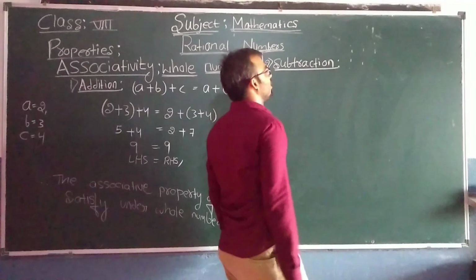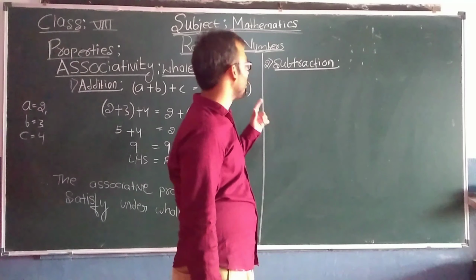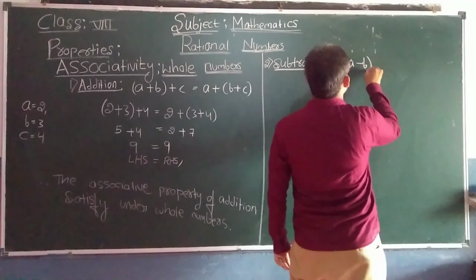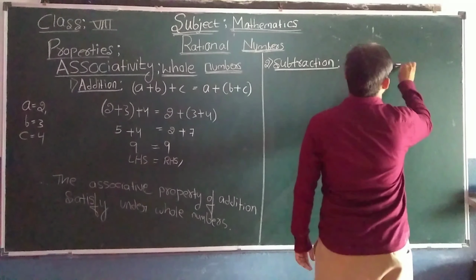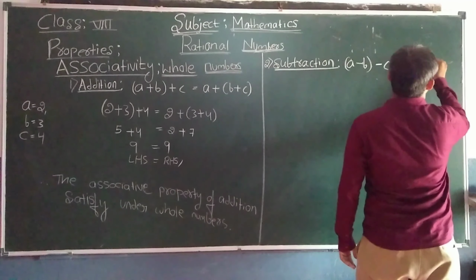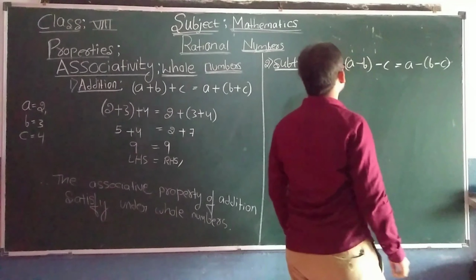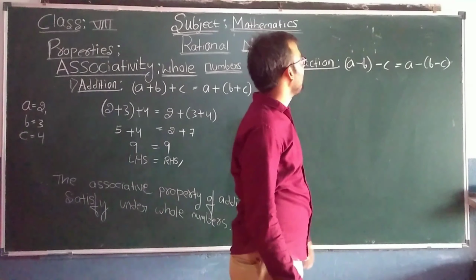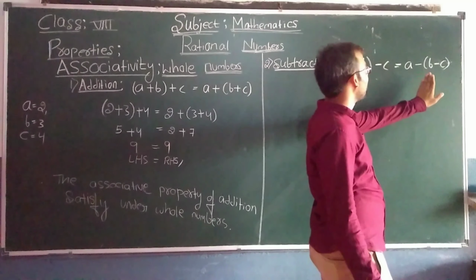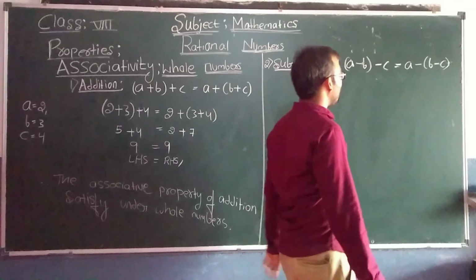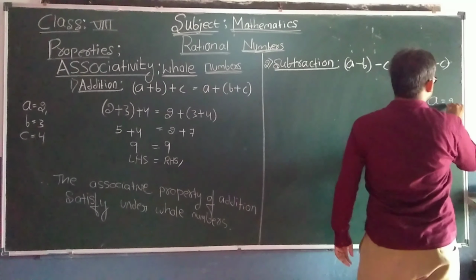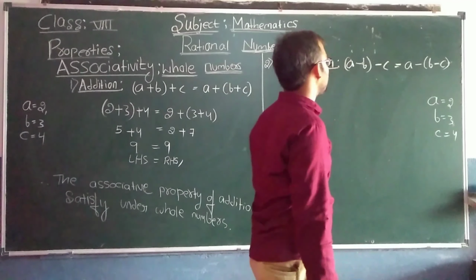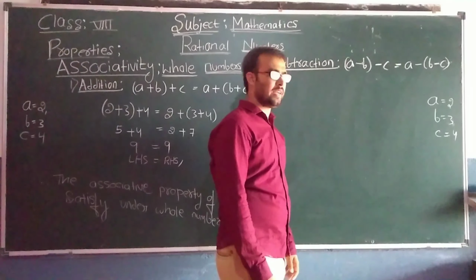This is the general form of the associative property of subtraction: A minus B minus C equals A minus B minus C. Let us take the value of A as 2, B as 3, and C as 4.